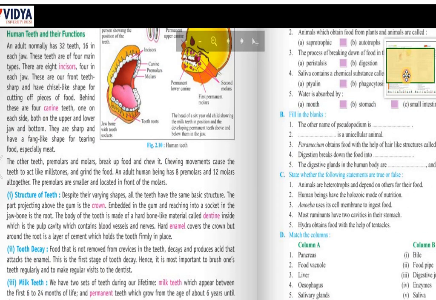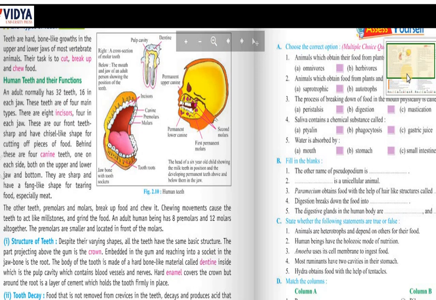So this was your last part of this chapter, and what this paragraph tells us is that an adult human being has 32 teeth, 16 on the upper and 16 on the lower jaw, and each jaw has 4 incisors, in the lower jaw and 4 on the upper jaw.